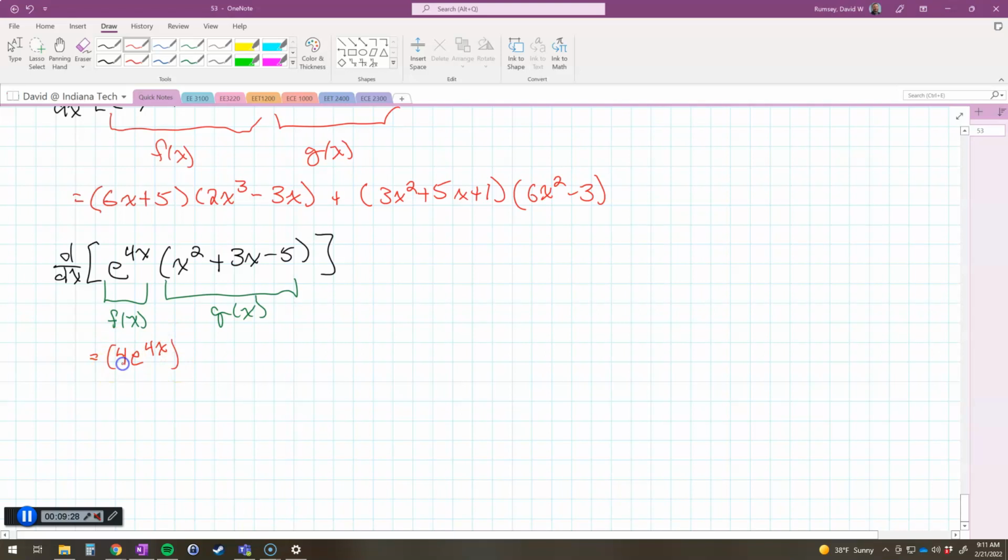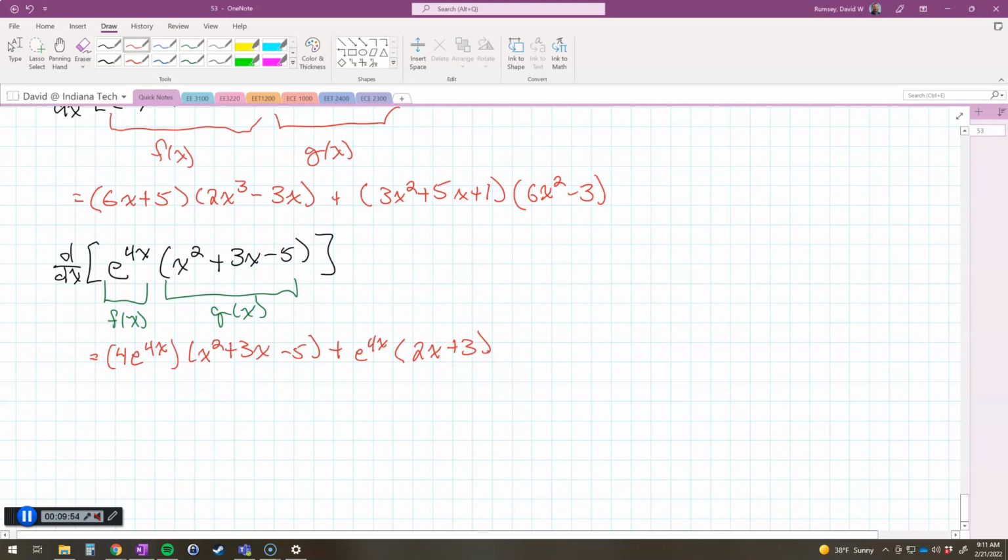And I'll go ahead and write parentheses, because we always said it's a good idea to keep parentheses here. x squared plus 3x minus 5. And then plus e to the 4x, which is the first term, times the derivative of the second. The derivative of the second term would be 2x plus 3.